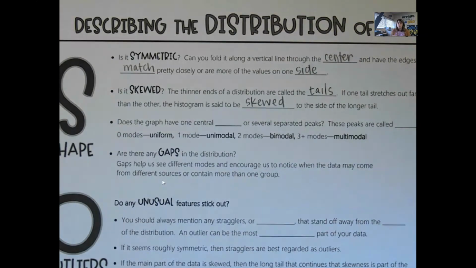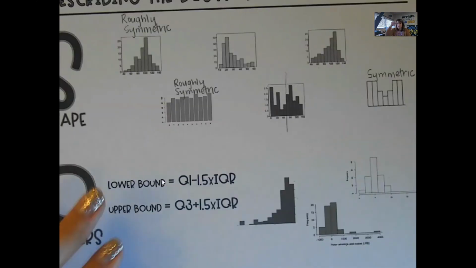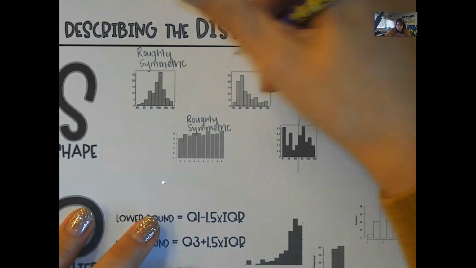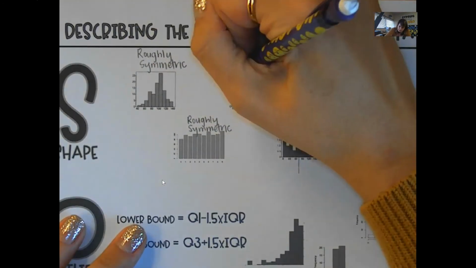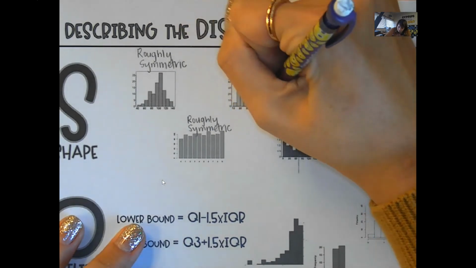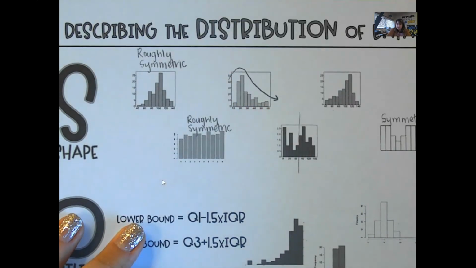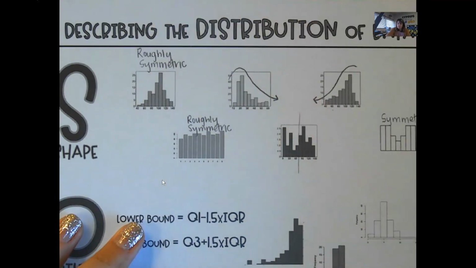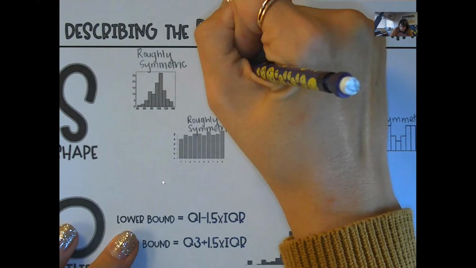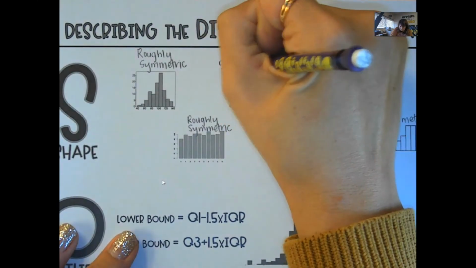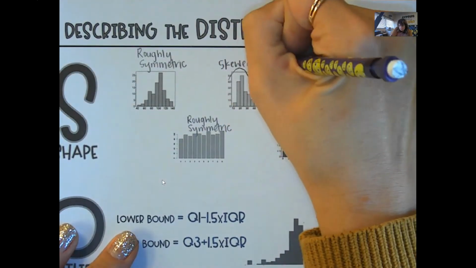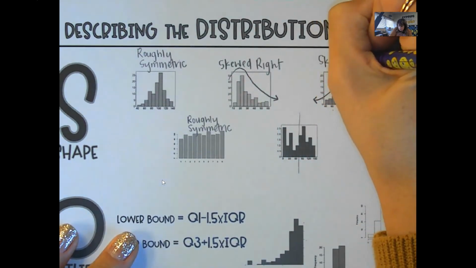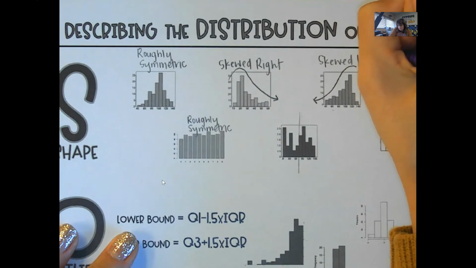It is skewed toward the direction the skier would be skiing down toward. So on the back of our page, this middle top graph, he is skewed to the right. And the last top graph is skewed to the left. So skewed right, skewed left.